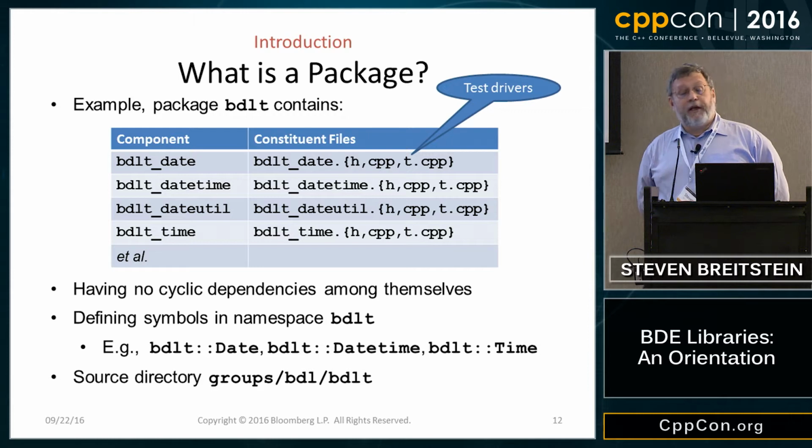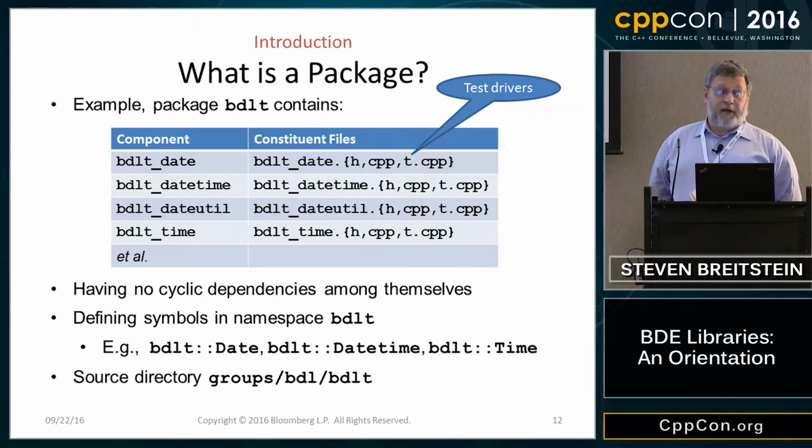So in addition to date, we will also have a date time, a date util. Utilities being operations on date that don't really require access to the innards of dates. So if in order to do something with date, you can do it through the public interface, put it in a utility. Keep date simpler.